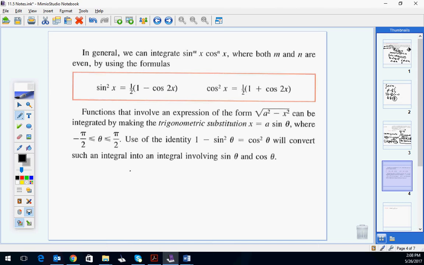If I square root this, 1 squared is just 1, right? And the square root of cosine squared would just be cosine. So it's the form of something squared minus something squared in the radical. We can take this pattern and use our identities to help identify it.